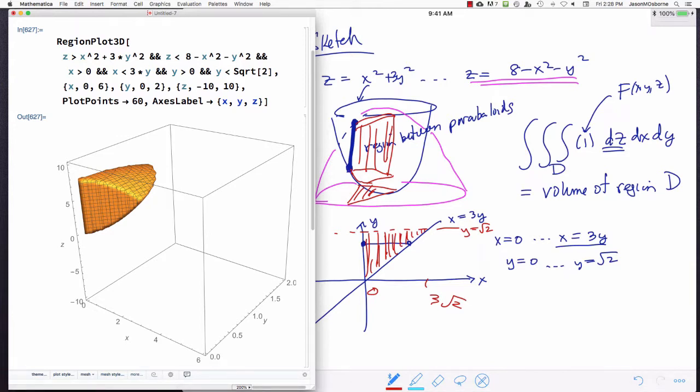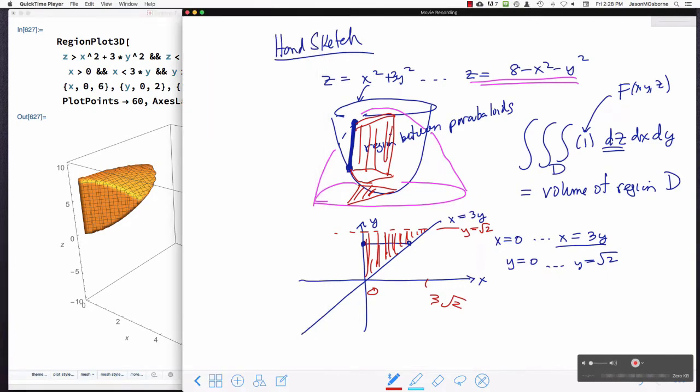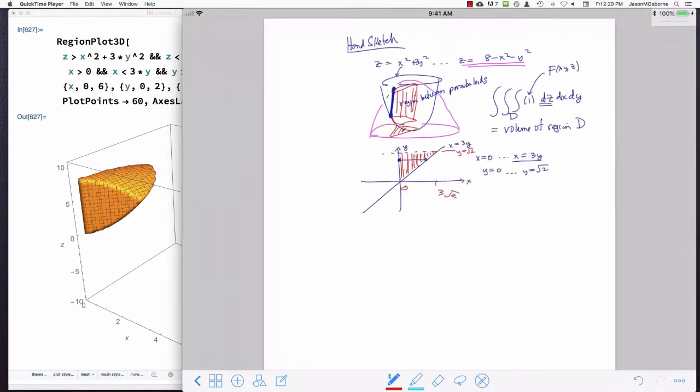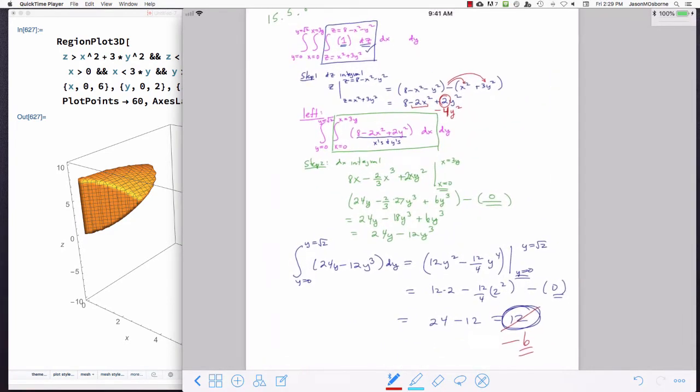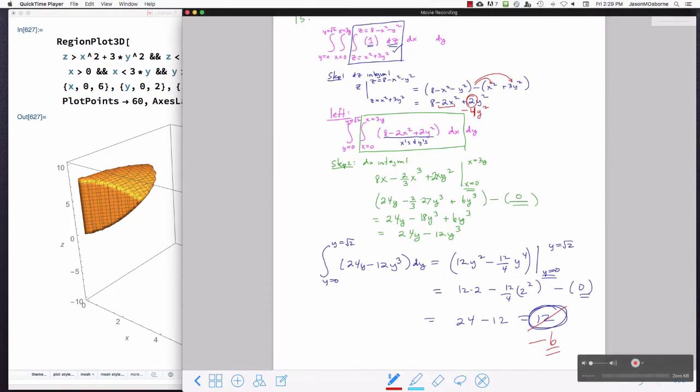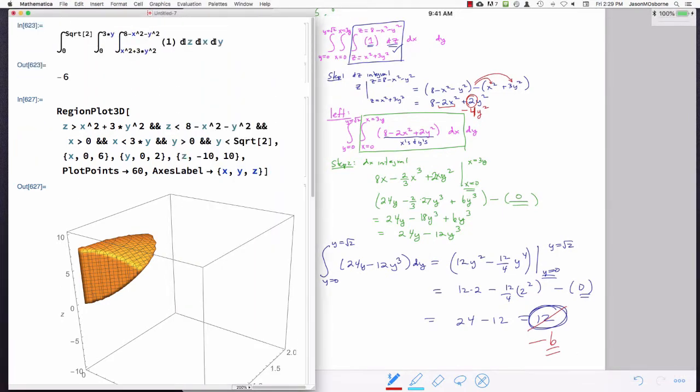So maybe we'll have to look back at our integral again. The computer said we were supposed to get a -6, right? The integrand is x squared plus 3 times y squared, 8 minus x squared minus y squared, dz dx dy. x goes from 0 up to 3y, and y goes from 0 to the square root of 2.